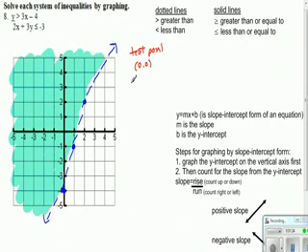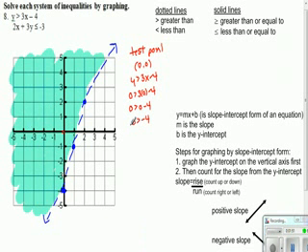So if I plugged in 0, 0 into y is greater than 3x minus 4, is 0 greater than 3 times 0 minus 4? So is 0 greater than 0 minus 4? And 0 minus 4 is -4. Is 0 greater than -4? Yes, that means 0, 0 had to be shaded in. And that's why it was shaded in above the line, because my test point was true.